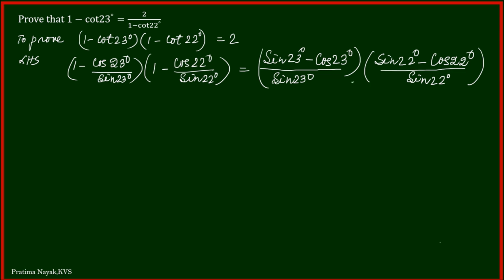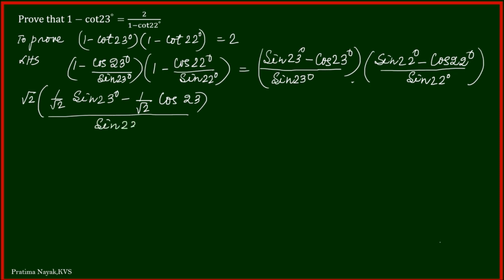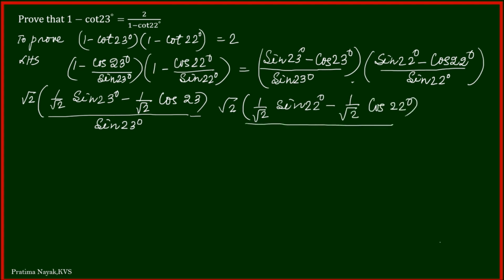So this will be root 2 times (1 over root 2 sin 23° minus 1 over root 2 cos 23°) over sin 23°. For the second one, again the same principle, root 2 times (1 by root 2 sin 22° minus 1 by root 2 cos 22°) whole upon sin 22°. Next, root 2 multiplied, that will be 2.